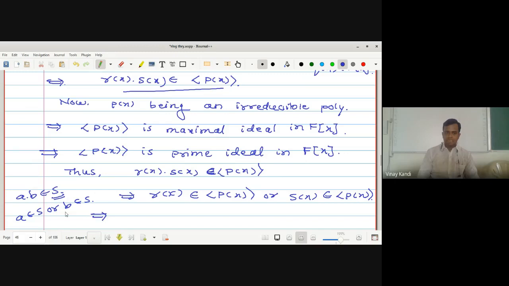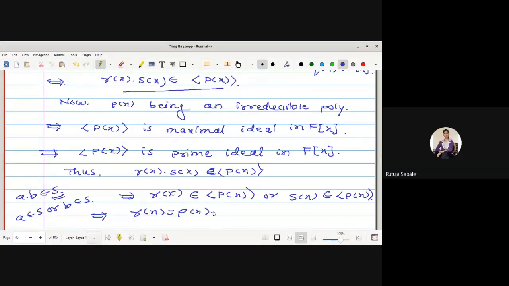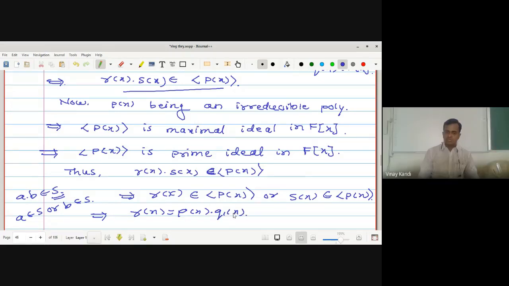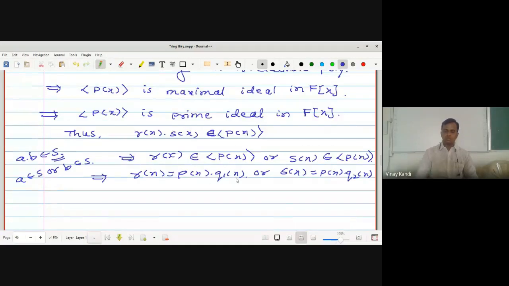Is it correct? Yes, sir. जर r of x belongs to ideal generated by p of x, what is the definition of ideal generated by p of x? r of x is equal to p of x into q1 of x, or s of x is equal to p of x into q2 of x for some q1 of x or q2 of x belongs to capital F of x. याचा अर्थ काय?